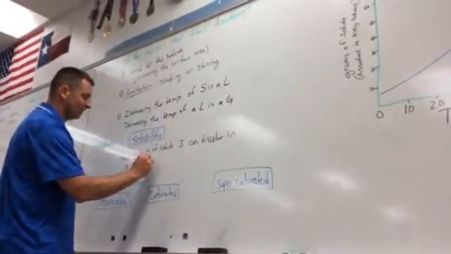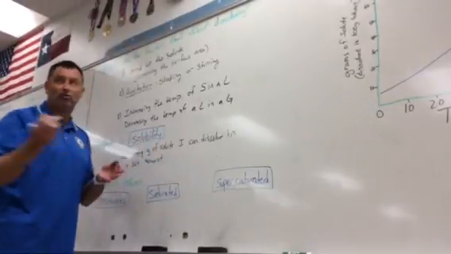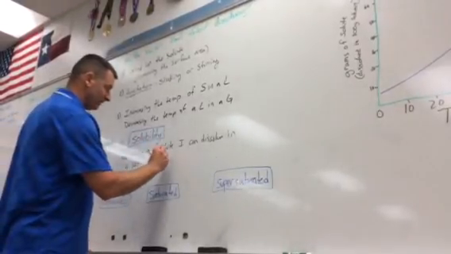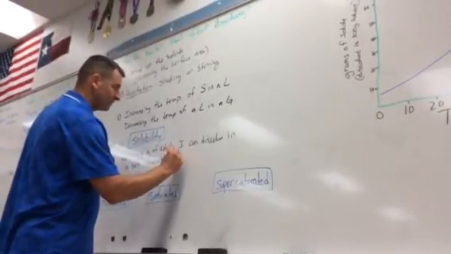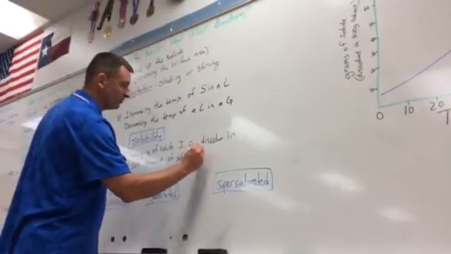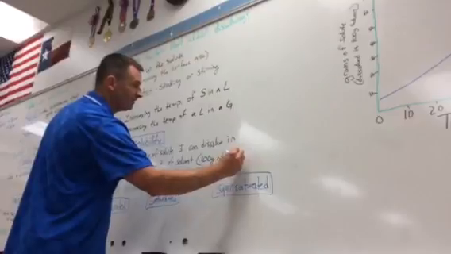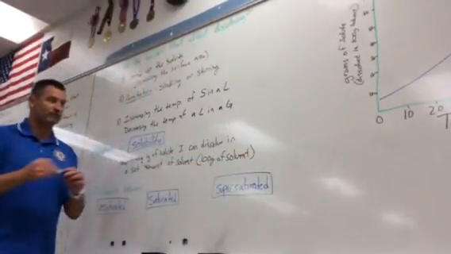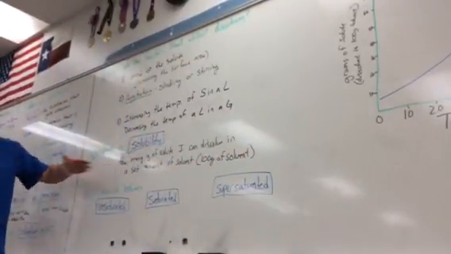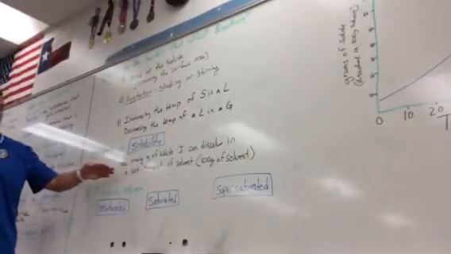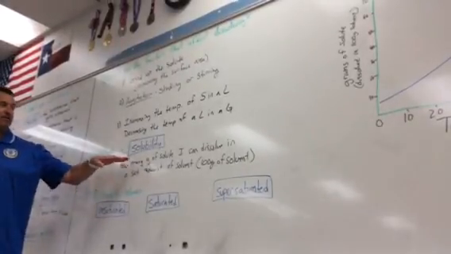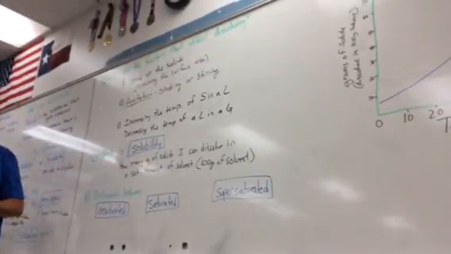So what do you mean a set amount? Well, usually they say in 100 grams of solvent. So that's the typical one that's used. They're usually going to say 100 grams of solvent, whether that's water or whatever solvent you're using. Water is the universal solvent, so it gets used a lot as a solvent. So how many grams of solute can I dissolve in a set amount of solvent?